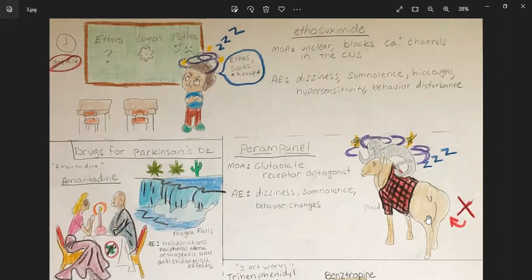So again, look how big this ram's glutes are. He's got a big booty, glutes. And there's a big X here because we are antagonizing. We're blocking the glutamate receptor. Adverse effects are dizziness, this somnolence, and then behavior changes.